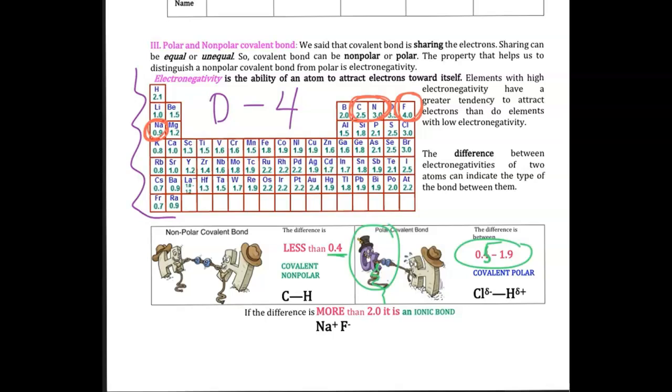In other sources it can be 2.0. Anyway, if the difference between electronegativities is medium, this bond is considered to be covalent polar.